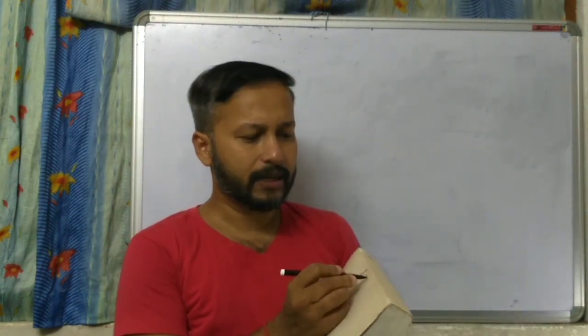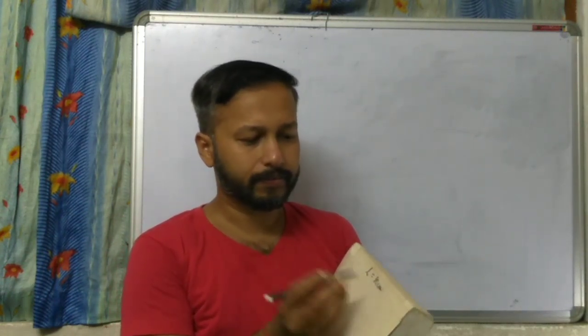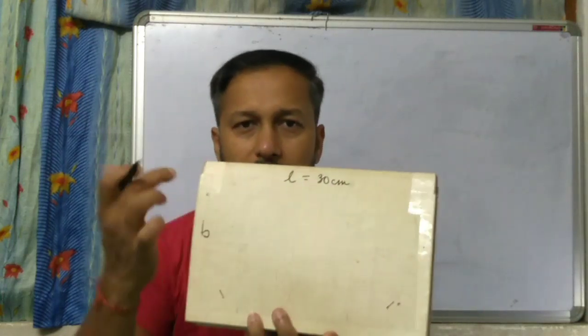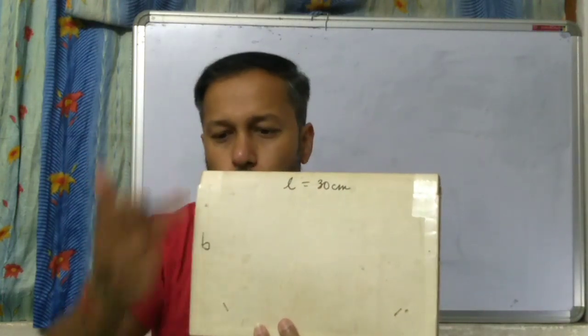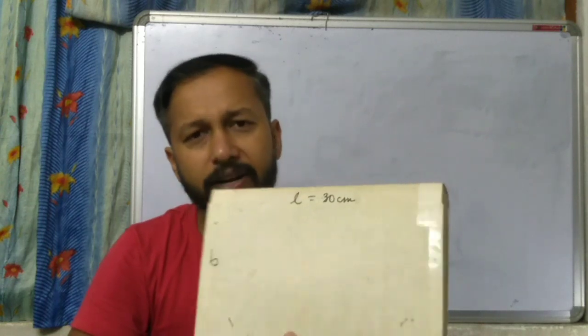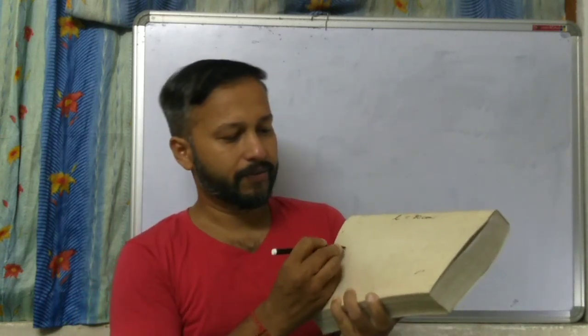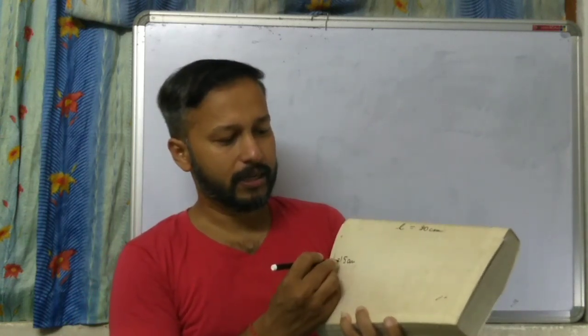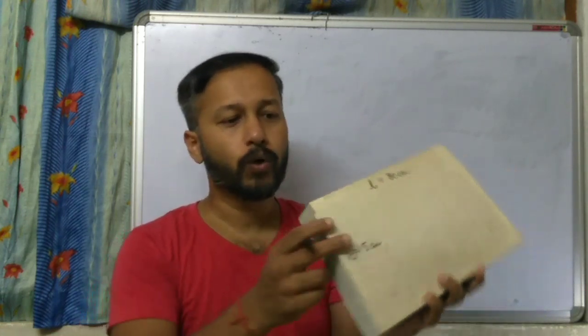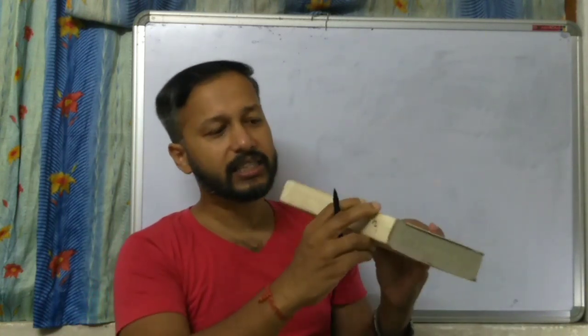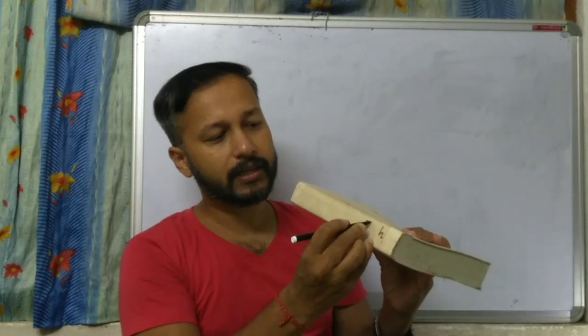Say my length is, say, 30 centimeter. Fine. Length is 30 centimeter. What is the breadth of the book? Say 15 centimeter. 15 centimeter is the breadth. What is the height? Say height is 5 centimeter.